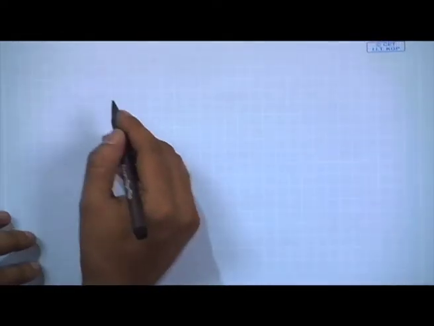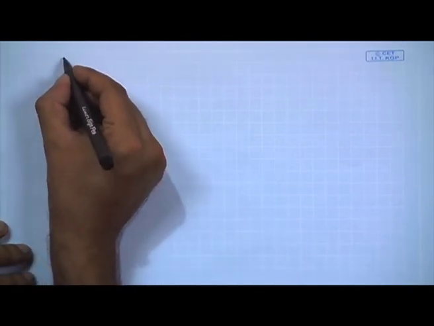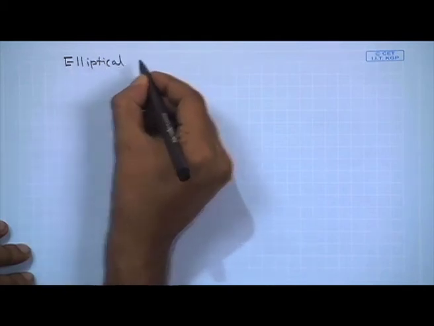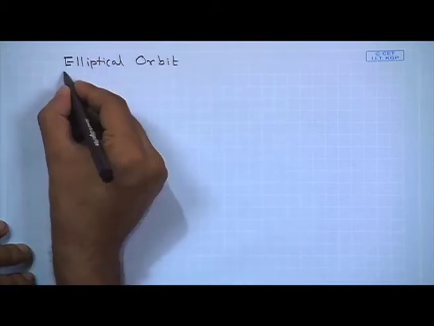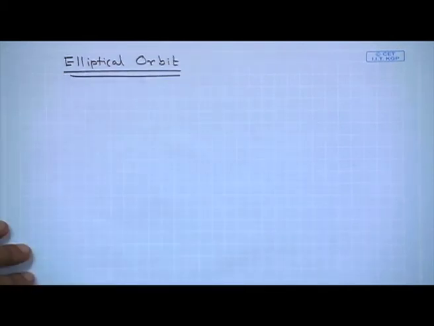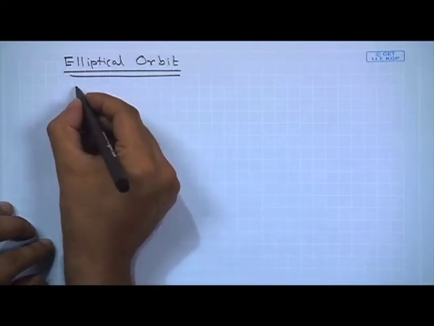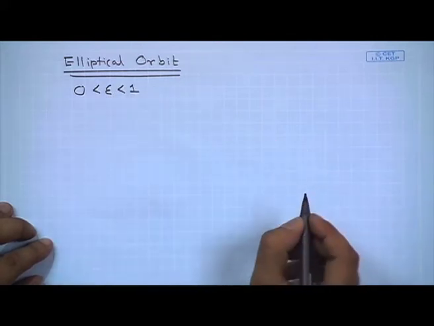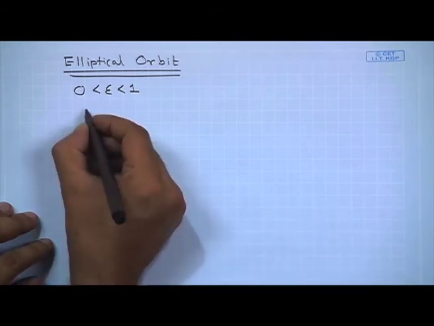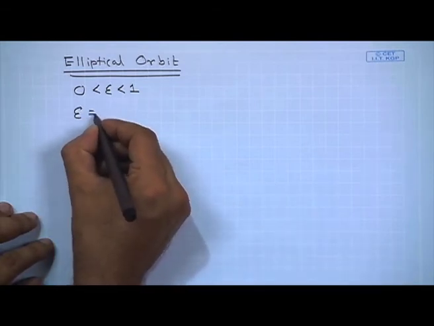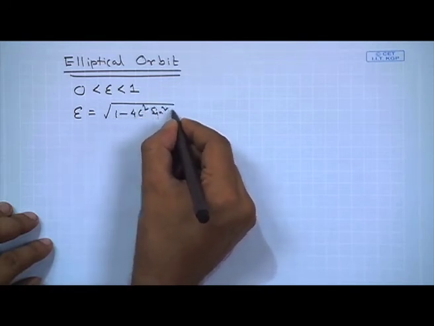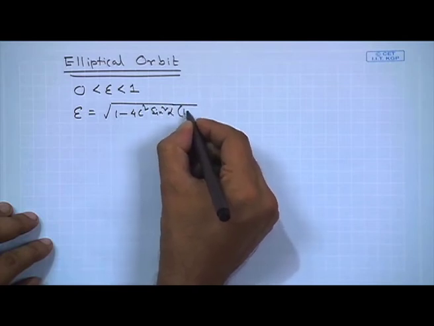Now let us go into the more general case of an elliptical orbit. Now, for an elliptical orbit, epsilon we know has to be between 0 and 1, right. Once again we look at the expression for epsilon, which is given by 1 minus 4 c square sin square alpha into 1 minus c square.